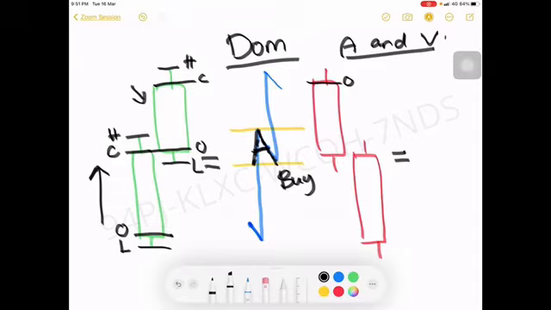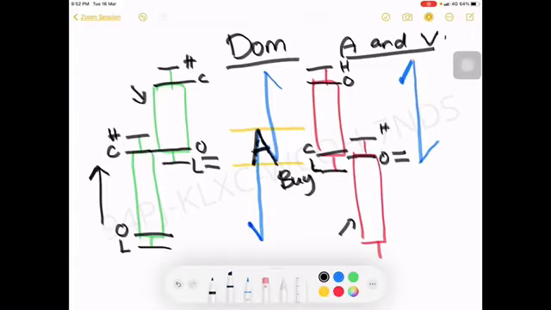When the trend is going down, it must go up first. So it goes from open to the high first, and then low, and then close. It does the same for this one as well: open, high, low, close.